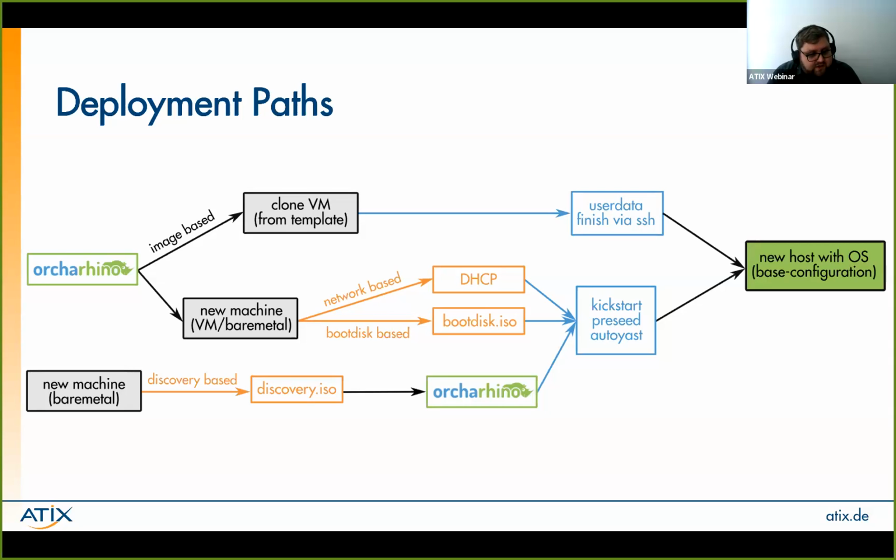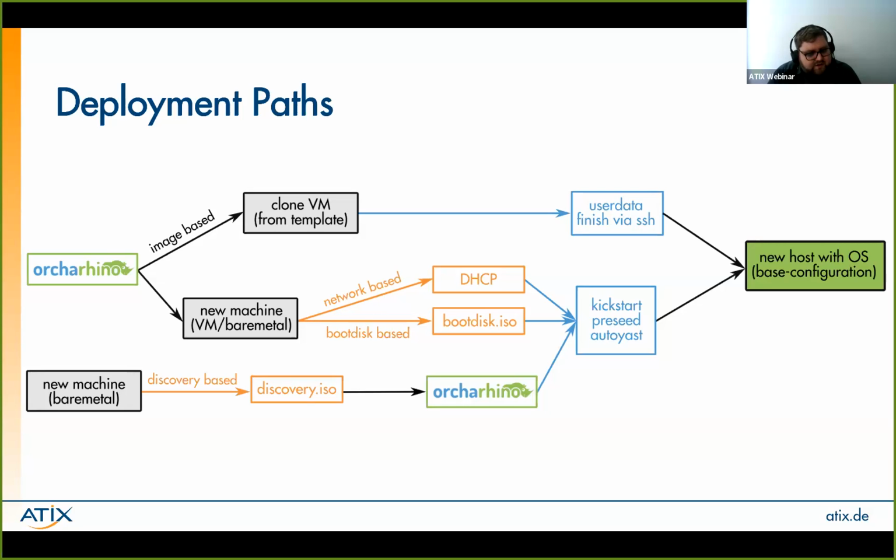Due to the configuration contained in the image, the server will then contact the Orcharhino, and you will have a list available of all newly registered hosts and can define which host should be configured and in which way. You can, for example, say, okay, I have a new host here, I already connected it to my data center, and now I want to install Alma Linux or Rocky Linux on it, based on the list of newly registered hosts.